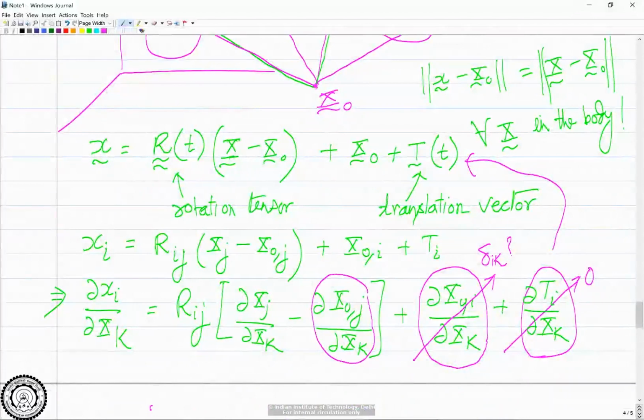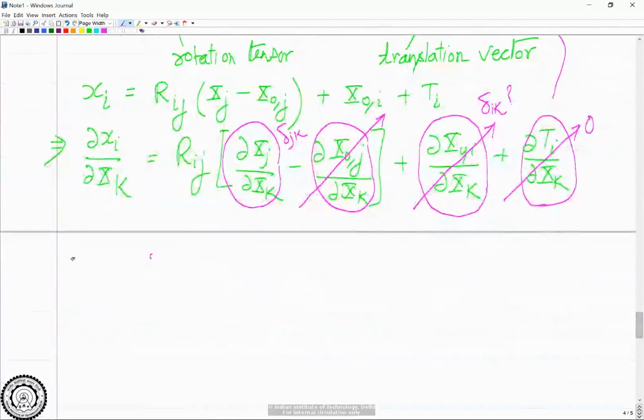This is also 0. And what about this? Delta jk, sir. Yes, this is delta jk. So finally, you have del little x_i over del capital X_k, that's equal to R_ik.